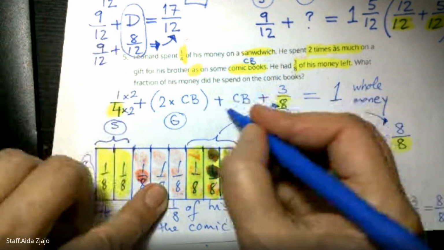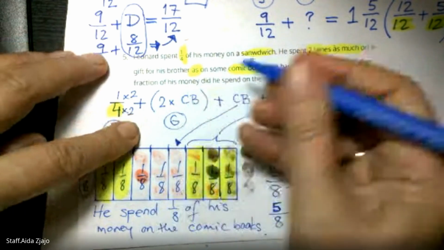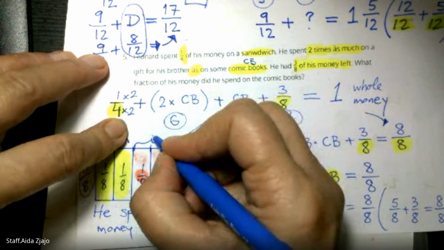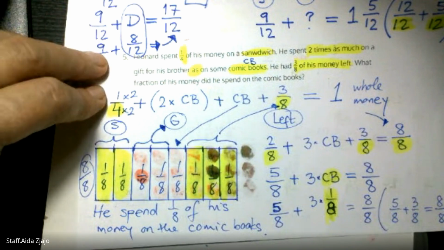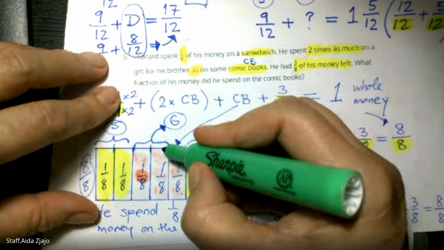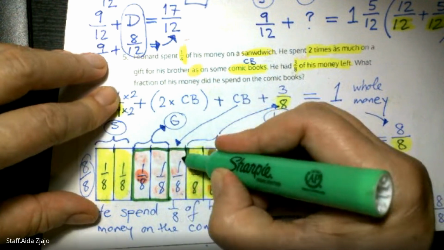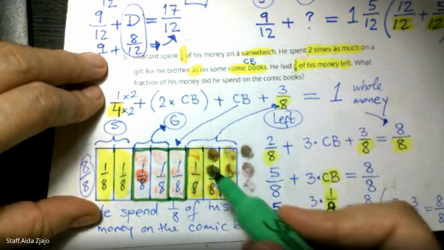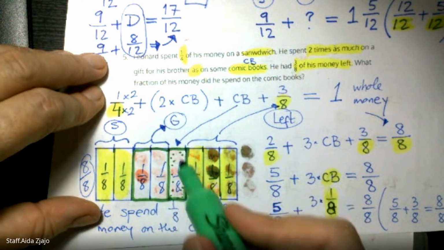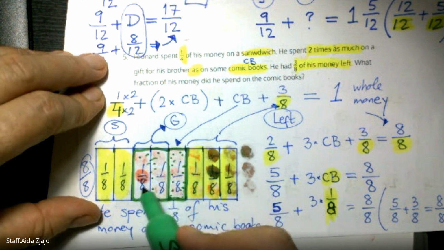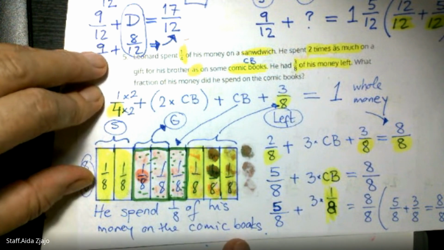This 1/8 is comic books, and this 2/8 is the present. So now we can see how this is twice as much as this. If the comic book is this, twice as much is this. So he spent 1/8 of his money on comic books.